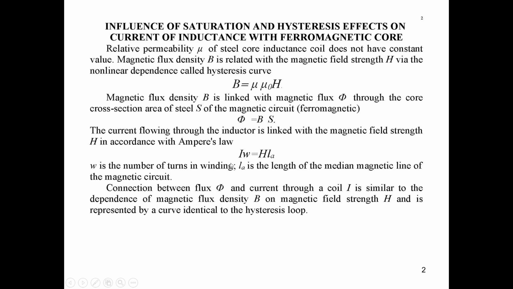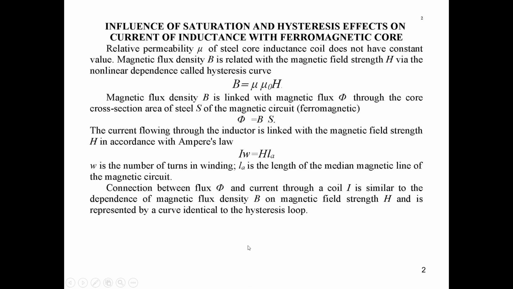Here W is the number of turns of the winding, l a is the length of the median magnetic line in the magnetic circuit, I is the current through this winding, and H is the magnetic field intensity. This Ampere's law should be known to you from the course of physics, and I also mentioned it at the end of the previous semester.